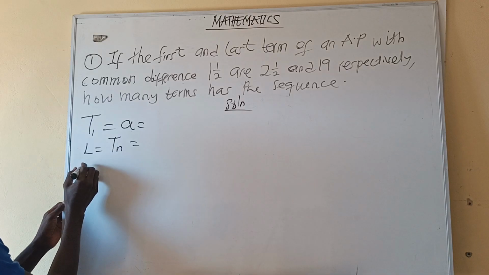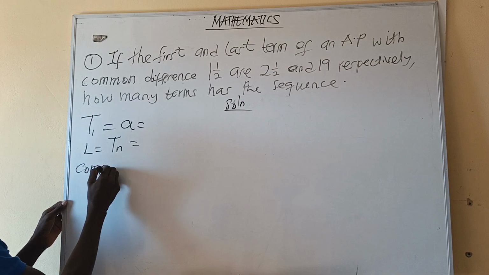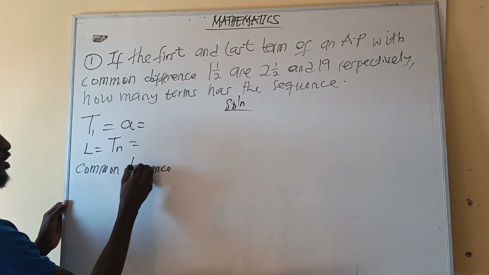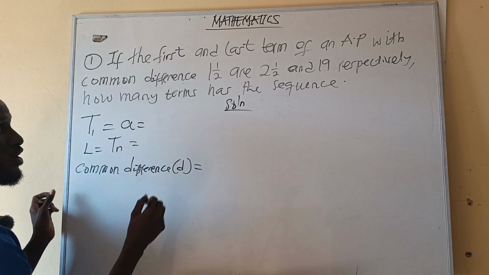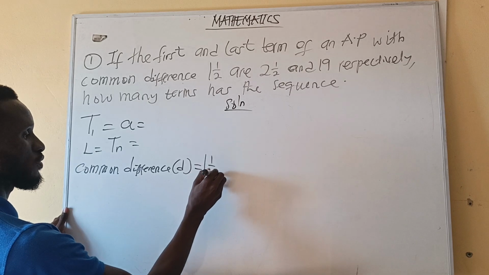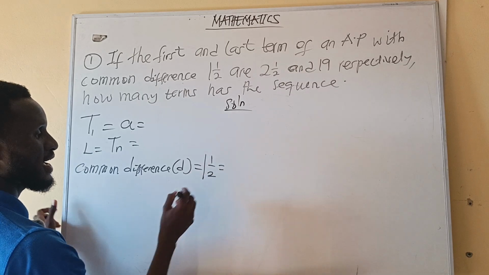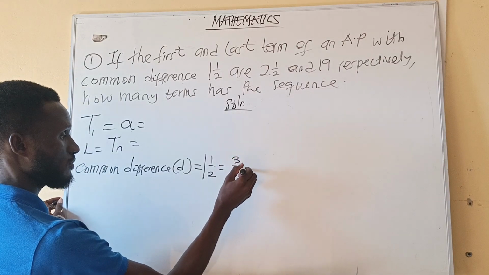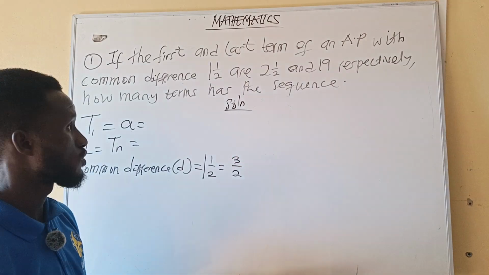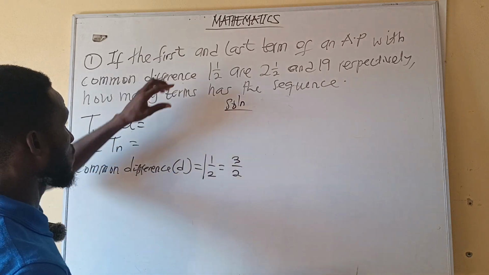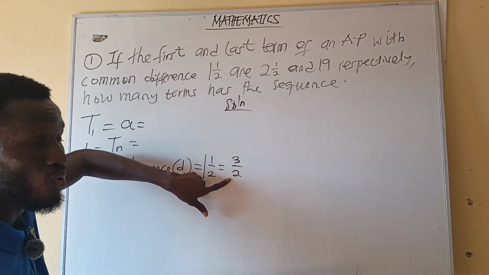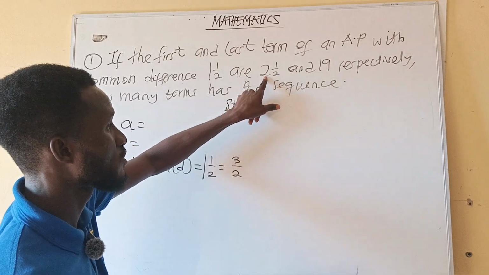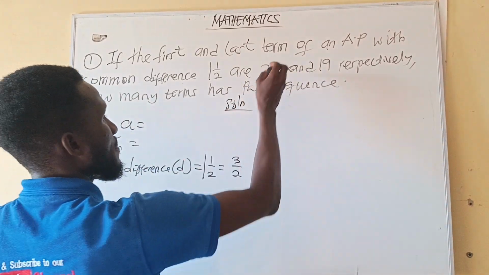So what's the common difference? Normally we use D for common difference. The common difference is 1 1/2, which is the same as 3/2. Look carefully: the common difference is 1 1/2, and the terms are 2 1/2 and 19.